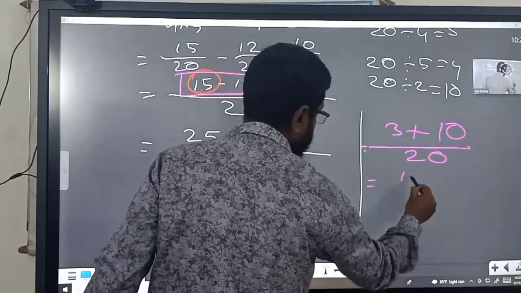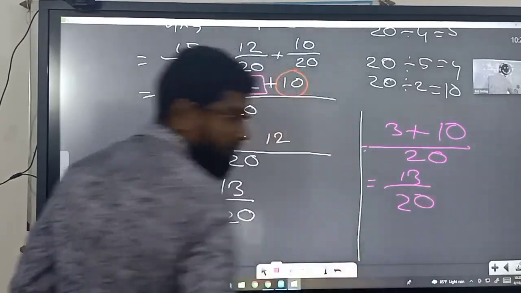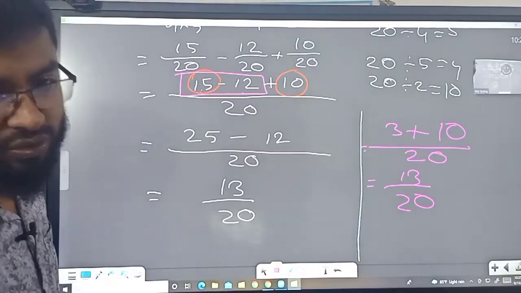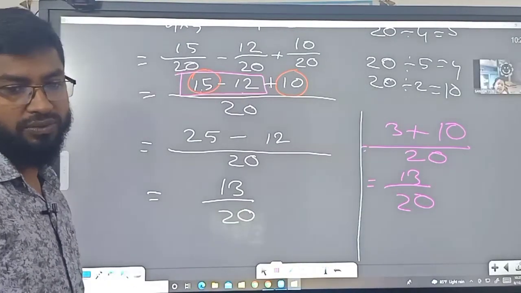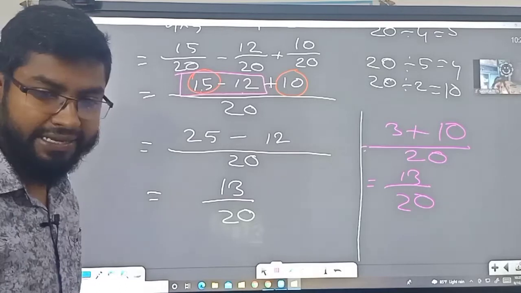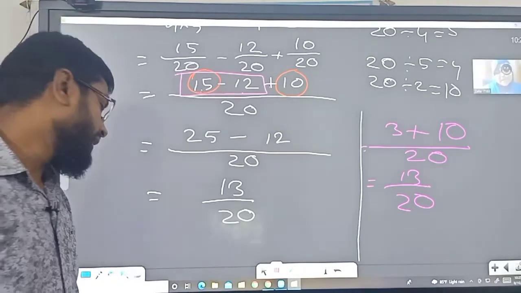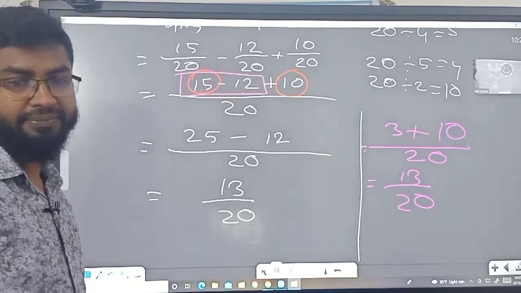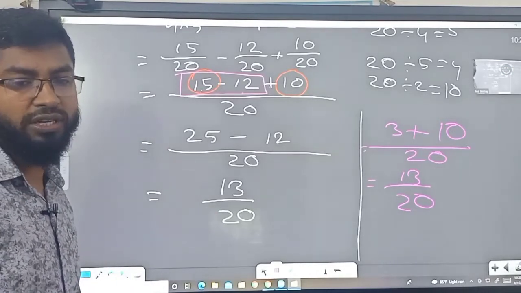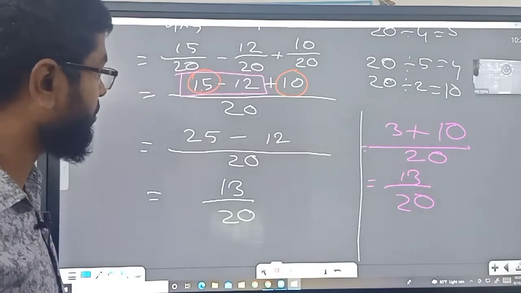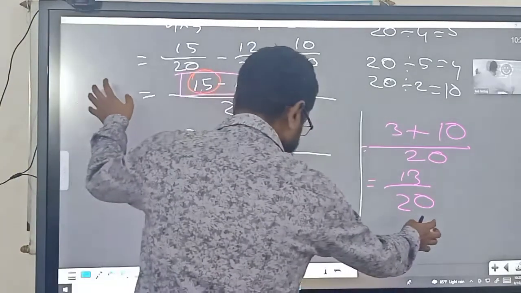This way also the answer becomes the same. Can you see? Yes, sir. Both ways are correct. As you wish, no problem. The rules we will need to follow.